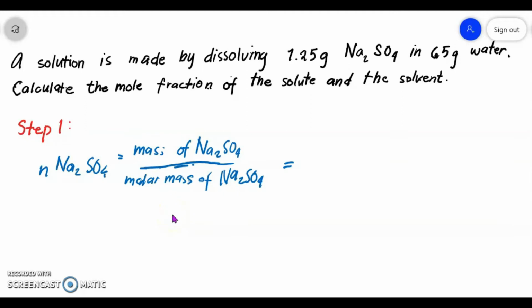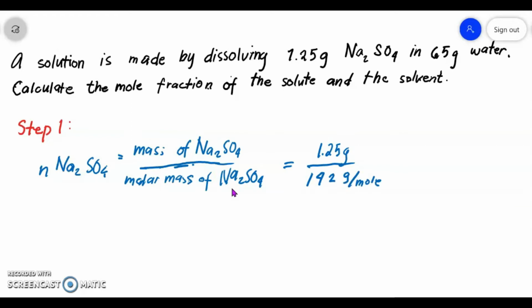We have the mass of the solute as 1.25 grams, and we do not know the molar mass of Na2SO4. The molar mass of all compounds or molecules can be found on the internet. You just search in Google for the molar mass of Na2SO4 and the result would be 142 grams per mole.